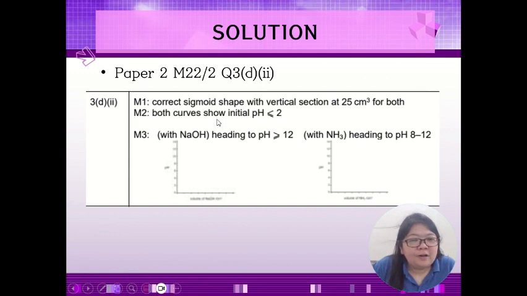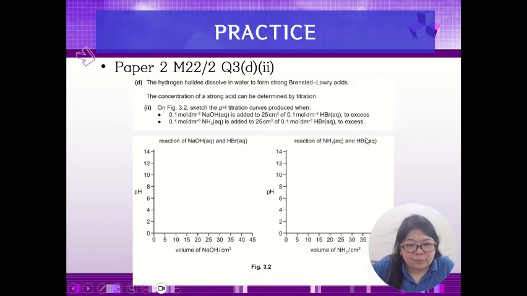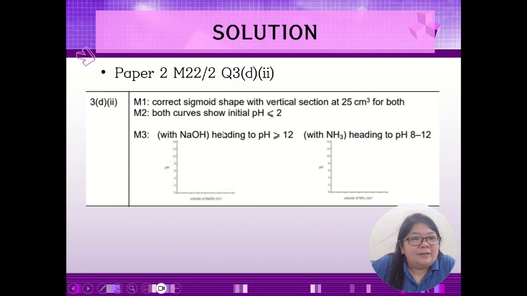And both curves show initial pH less than 2. Both are using HBr, and HBr is a strong acid. That's why you have to have initial pH less than 2. And the third mark for sodium hydroxide, the pH more than 12, and NH3 pH 8 to 12.